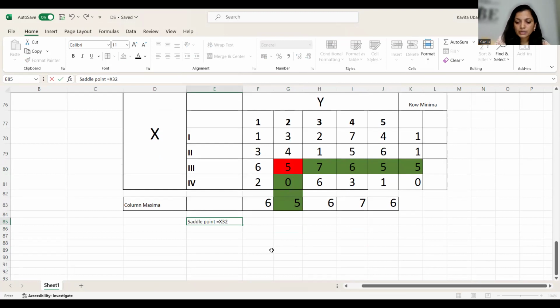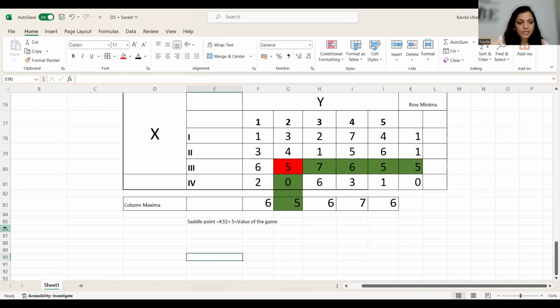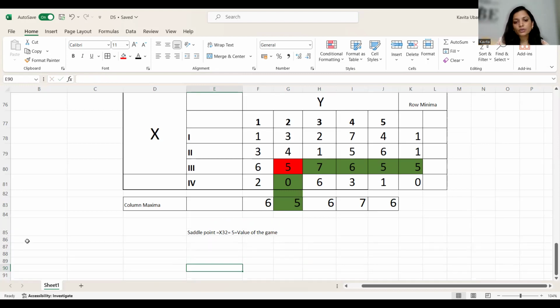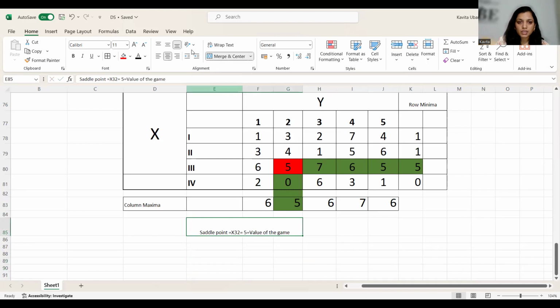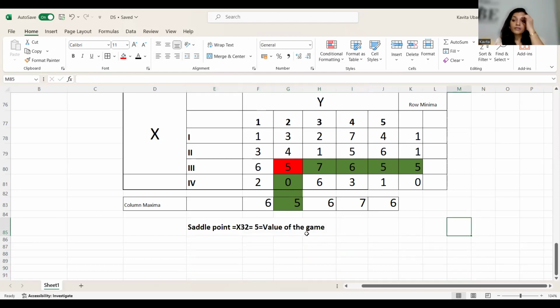So this is your saddle point, and the value 5 is nothing but the value of the game. Okay, so on the basis of the saddle point, we can say that the value of the game is equal to 5.